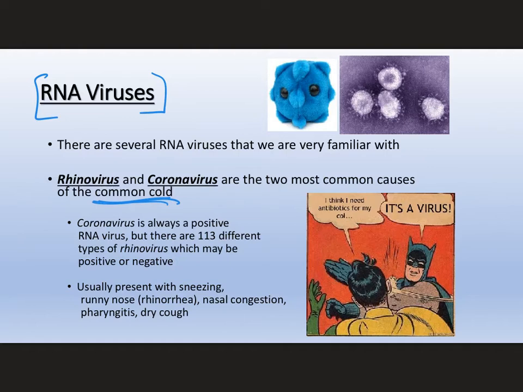But then rhinoviruses, there is just a huge number of them, 113 different types, and these can be positive or negative type RNA. The main point being, there are a lot of different viruses that can cause a cold, and this is why you get so many of them, right?